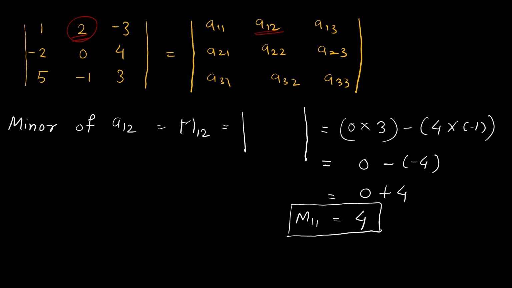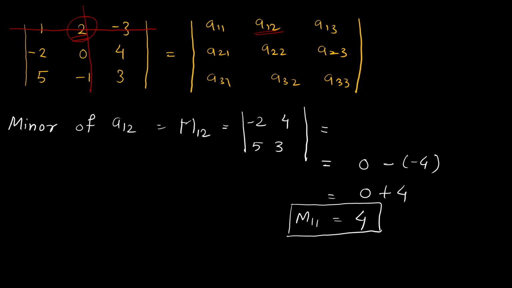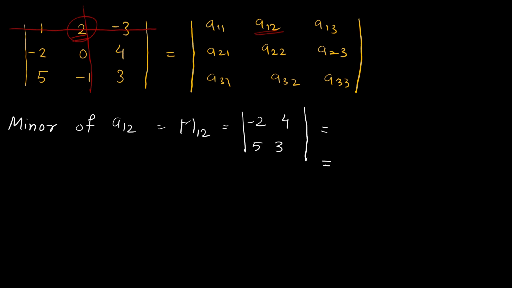Delete the row and column of this element. What is left here? Minus 2, 4, 5, 3. Now find the value of this determinant: minus 2 into 3 is minus 6, minus 4 into 5 is 20, so your answer will be minus 26. Likewise, you will find it for all.